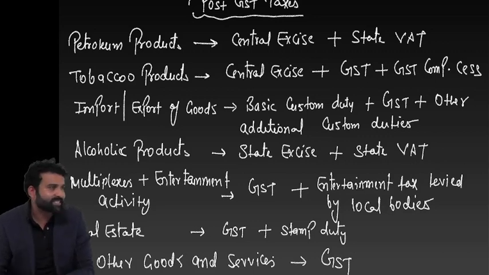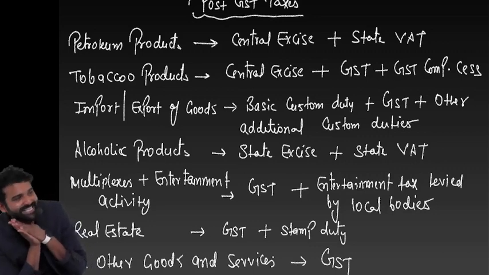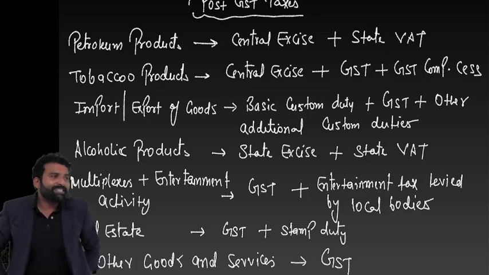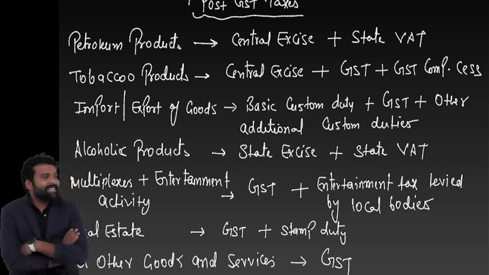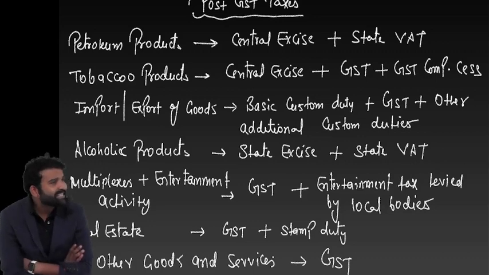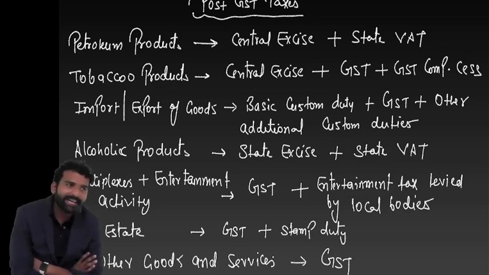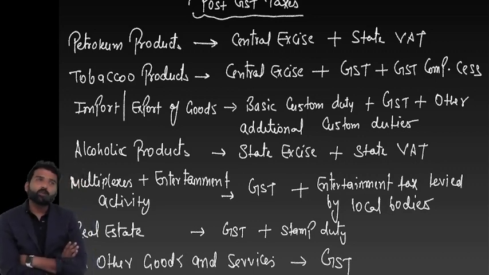Next, on multiplexes, we have to pay CGST as well as SGST. Actually, it depends on whether it is an interstate or intrastate transaction. If it's intrastate, then CGST and SGST. If it's interstate, then IGST. Normally they supply their services locally, so they will charge CGST and SGST.